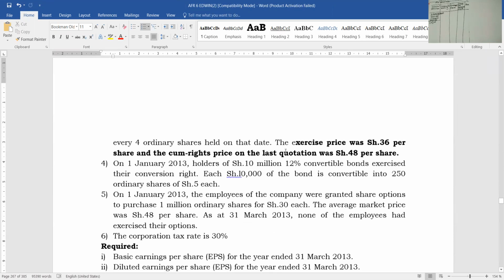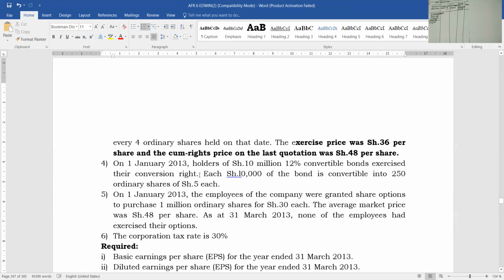But under note 4, they said on 1st January 2013, holders of 10 million, 12% convertible bond exercised their conversion right. So remember that under diluted, we have to deal with both the 25. But I will deal with first the converted, then the unconverted, because I deal with these potential securities which are likely or unlikely to be converted to ordinary shares. So the 10 was converted on 1st January, so I have to consider up to 1st January.